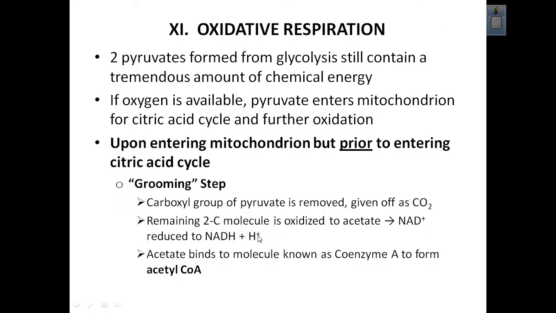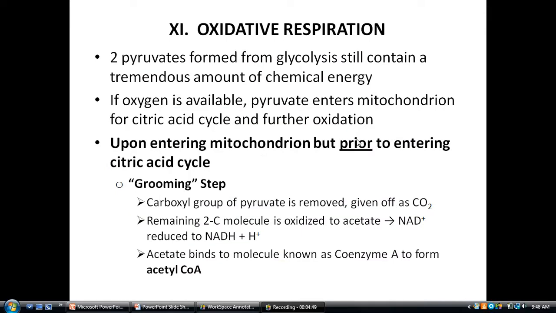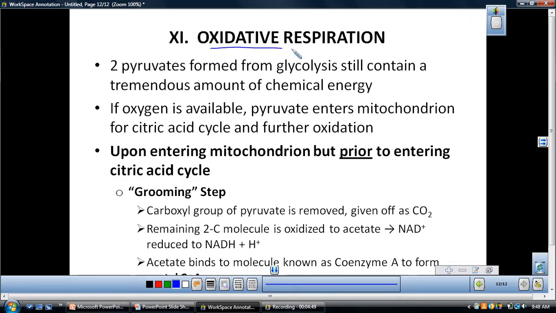Okay, so now let's get into the heart of this, oxidative respiration. The overview, just to let you know, is we're going to take the two pyruvic acids from glycolysis because they still contain a tremendous amount of chemical energy. If you say, really, how much chemical energy is there? When we went through glycolysis, we released less than a third of the chemical energy contained in that original glucose.